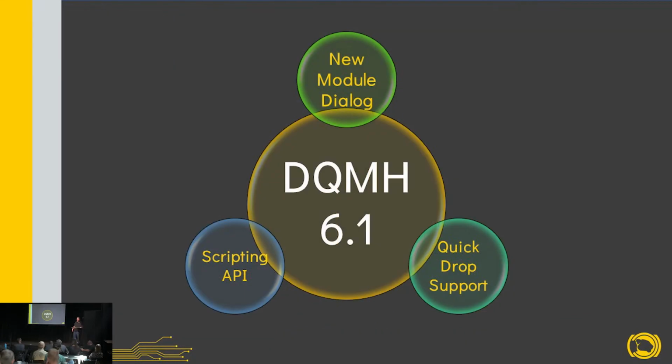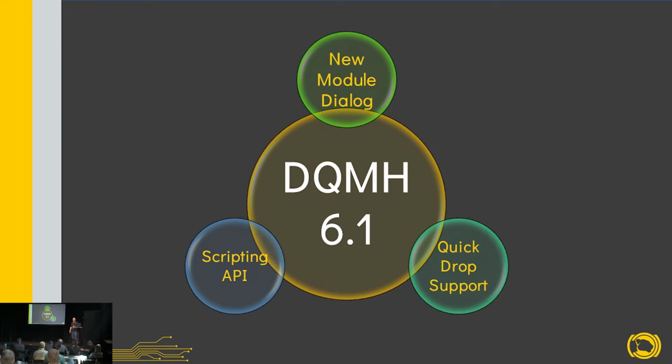So, okay, my tool. Everything started when DQMH 6.1 was released, because this new release of DQMH has three major improvements. The first is new module dialog improvements.